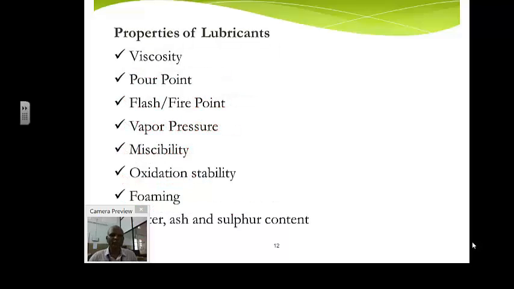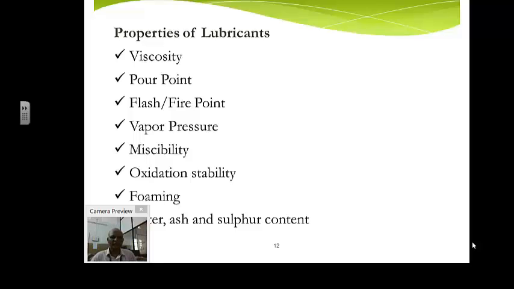The properties lubricants should have, we mentioned earlier, include sufficient viscosity and flash point as well as fire point. Vapor pressure, and miscibility, which means the ability of the lubricant to mix with other lubricants. Oxidation stability, in order to prevent oxidation and further acid formation.